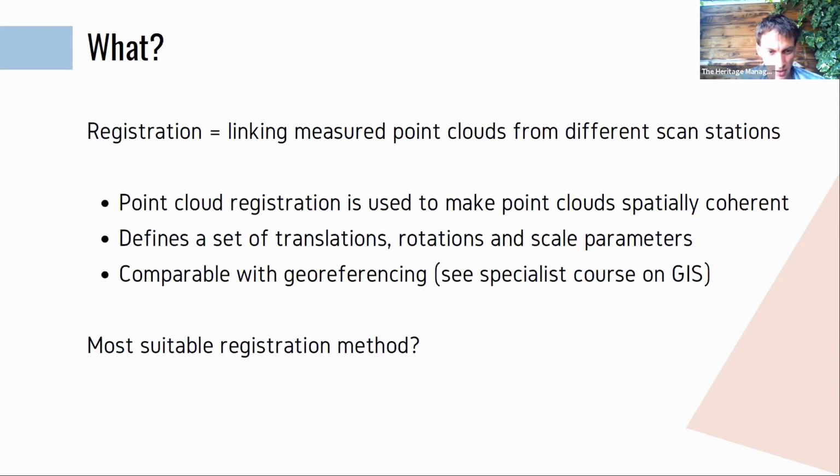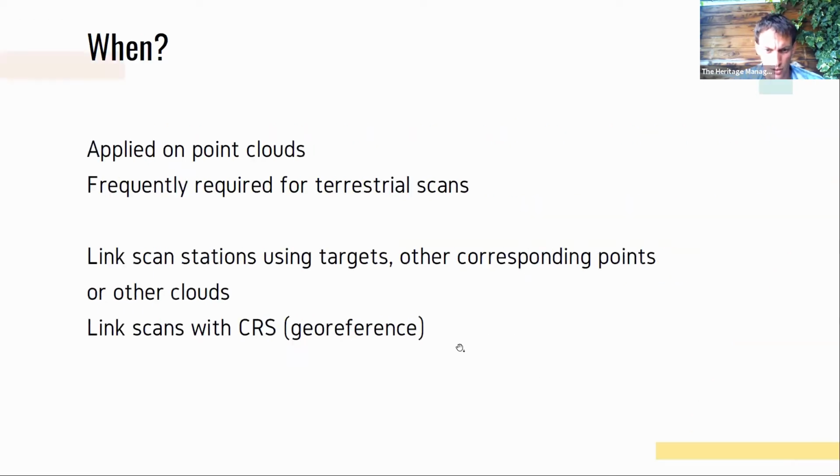So the question here is, okay, how can we do that, and what is the most suitable registration method, and what methods are also implemented in CloudCompare, and what can we use by ourselves using CloudCompare for this purpose.